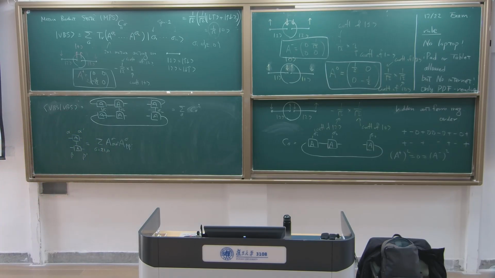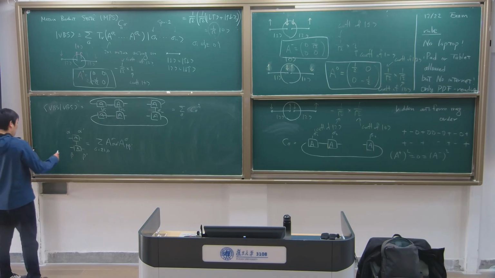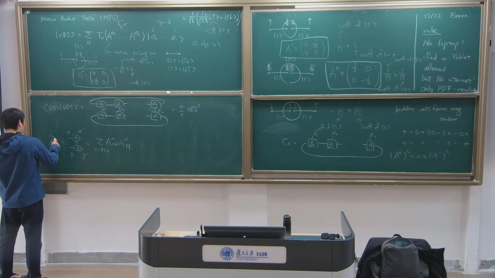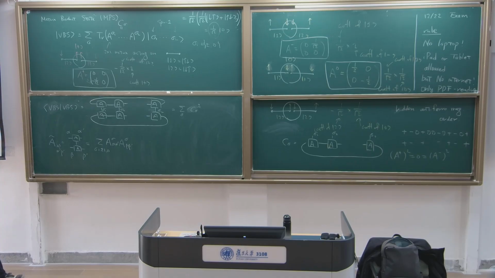Like this. So we call this one alpha, beta, alpha prime, beta prime. Okay, so we just need to compute.